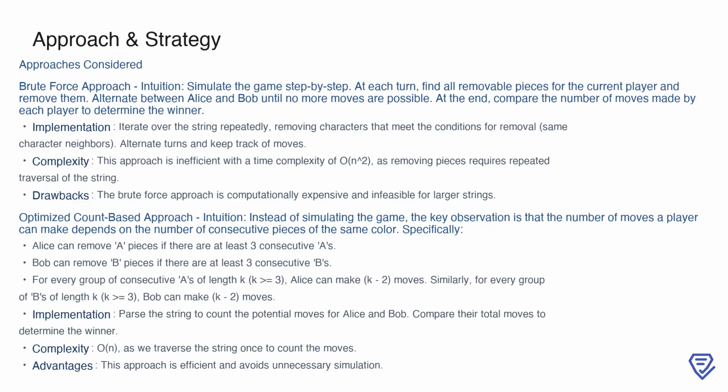For every group of consecutive A's or B's of length K, the respective player can make K minus 2 moves. The implementation involves parsing the string to count these potential moves for both players and comparing their totals to determine the winner. This approach is far more efficient with a time complexity of O(n), as we only traverse the string once. Its simplicity and efficiency make it a strong candidate for solving this problem.